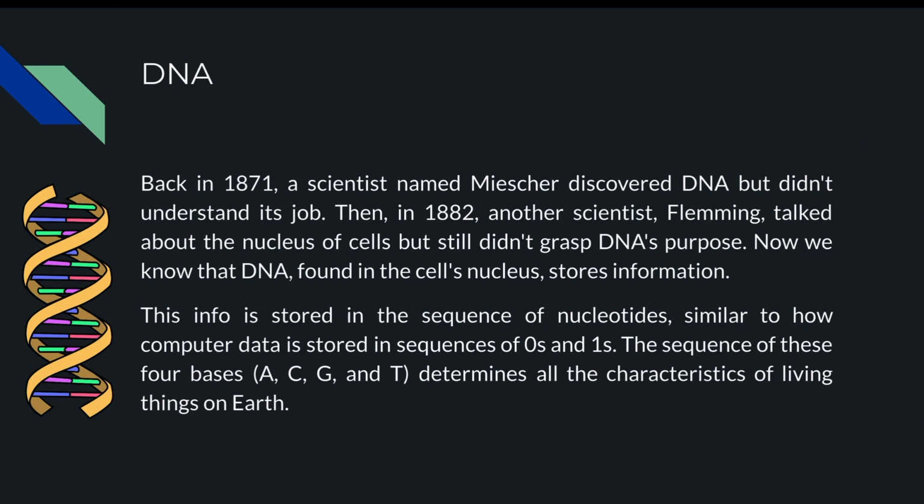This information is stored in the sequence of nucleotides, similar to how computer data is stored in sequences of zeros and ones. The sequence of these four bases, A, C, T, and G, determines all the characteristics of living things on Earth.